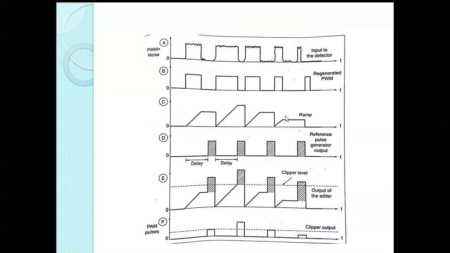The ramp signal is generated like this, and this is the reference where the ramp changes the position. After a particular delay you have the position change, that is the reference value of my pulses.